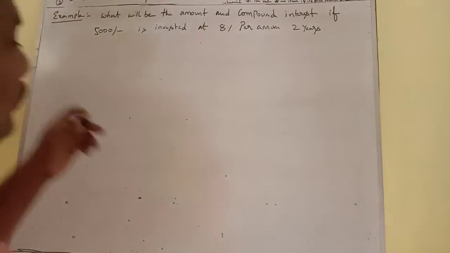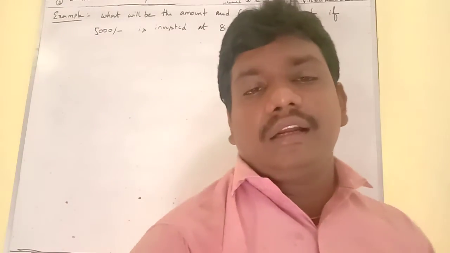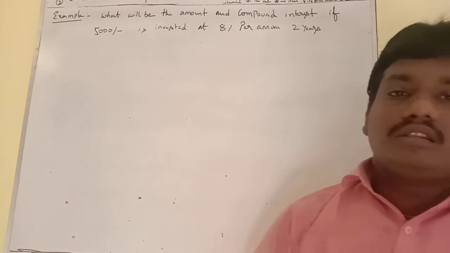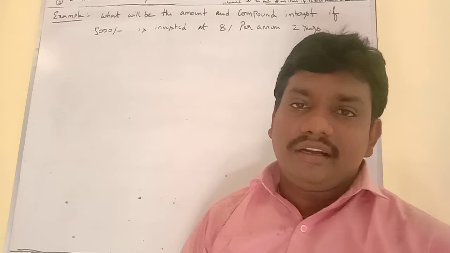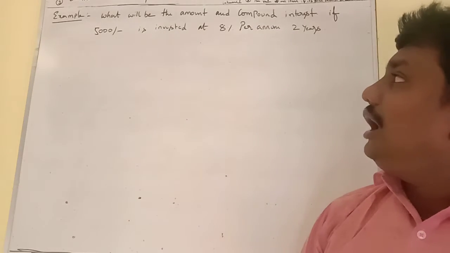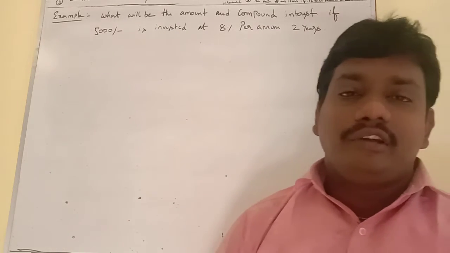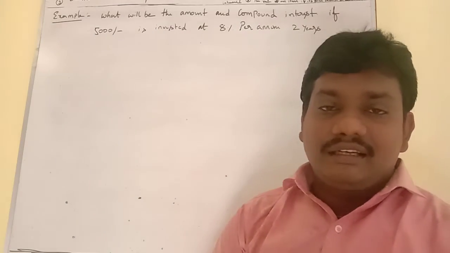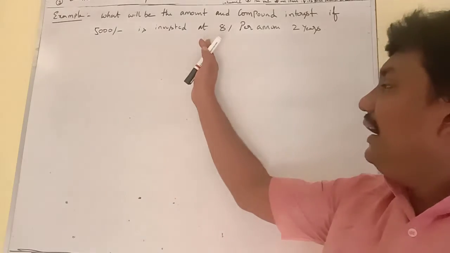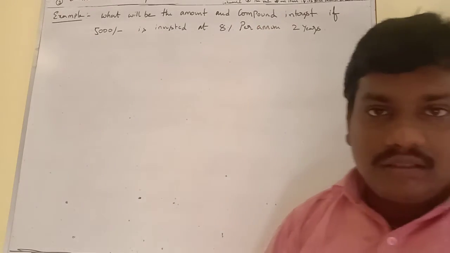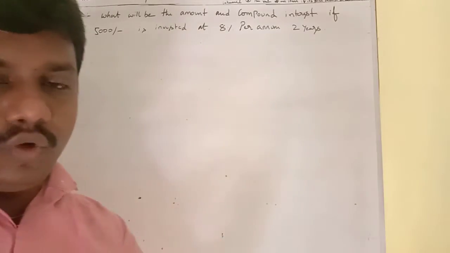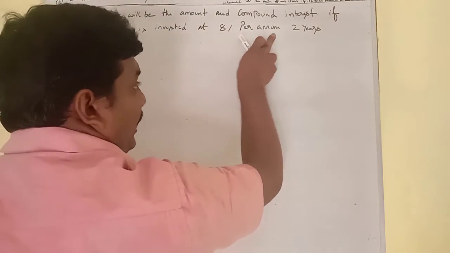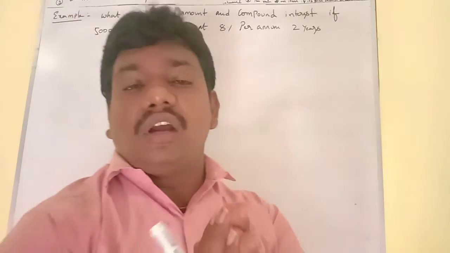Now students, we are going to see one example of how to calculate compound interest. By using this example we can understand compound interest better. What will be the amount and compound interest if 5,000 is invested at 8% per annum for 2 years? Here the rate is per annum, so there are 2 conversion periods.